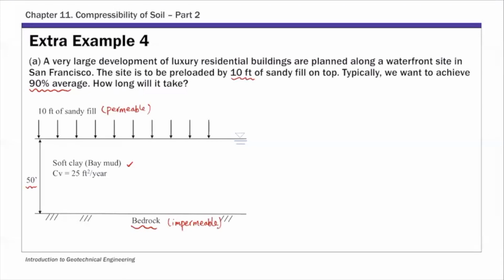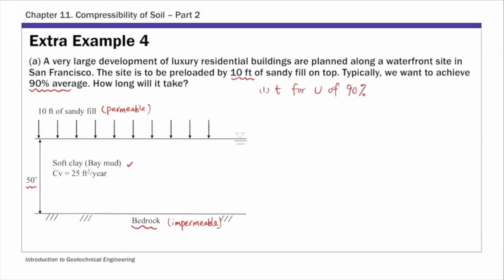So let's first calculate how long it will take to reach 90 degree consolidation. And so part 1. We just did this calculation in the previous example. So basically we have this T_v. Okay.